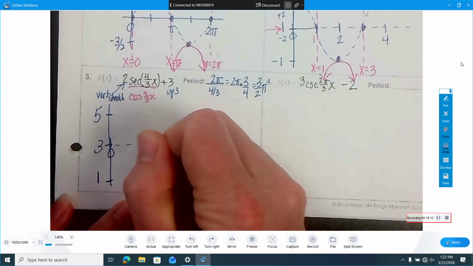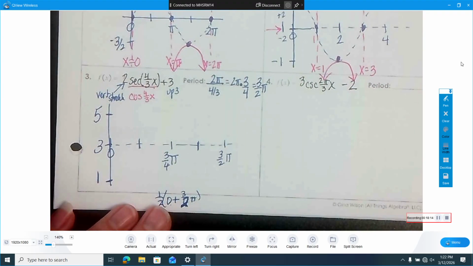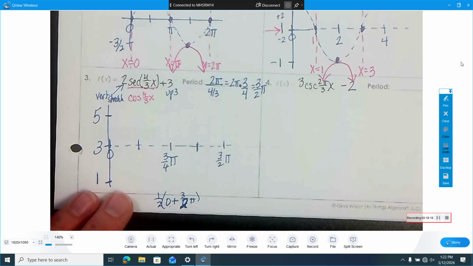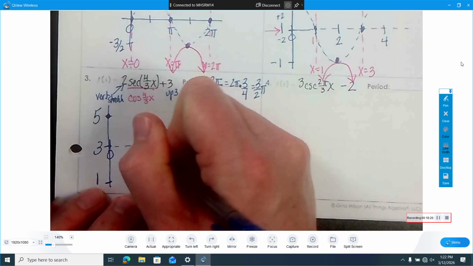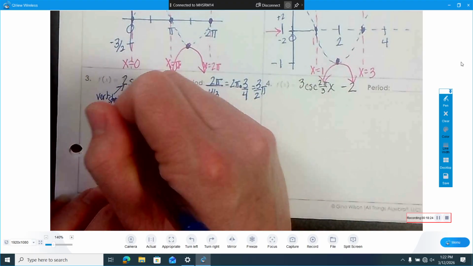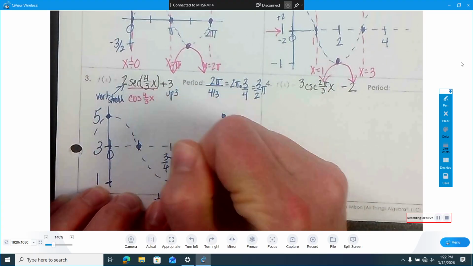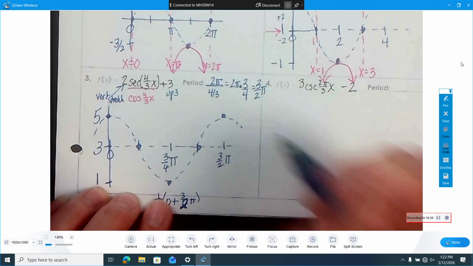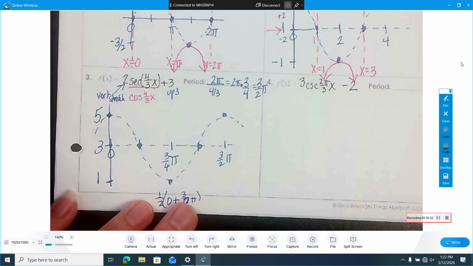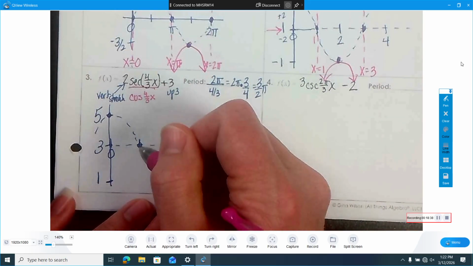All right, and then we have our little half marks between those. And we're graphing cosine, so the cosine song is high, middle, low, middle, high. Okay, and so then we can do our little cosine curve. All right, and where are the asymptotes? Yeah, where we cross the midline.